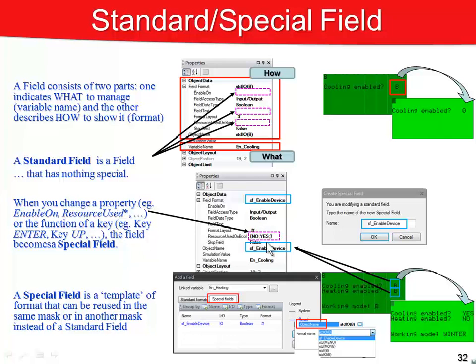Instead of placing a standard field and modifying it again and changing again no yes, you can simply reuse the same special field. So when you place the field object, as usual, you define the variable you want, and then instead of clicking a standard format, you click the special field.